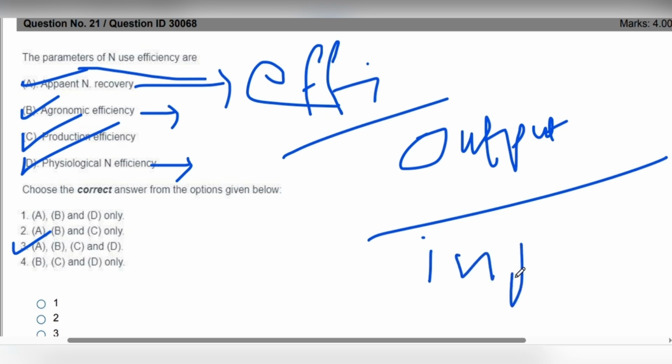That means what output you are getting for a certain amount of input. Here N use efficiency means what output, in terms of grain yield or biomass yield, whatever output you are getting with the amount of nitrogen that you are applying. Fine, that is called efficiency. So here all four are the parameters of nitrogen use efficiency.